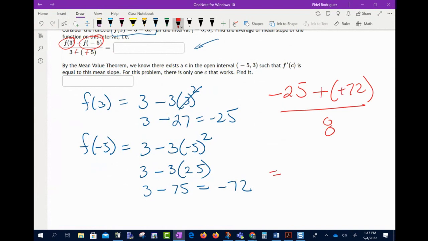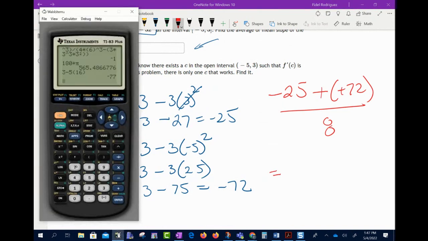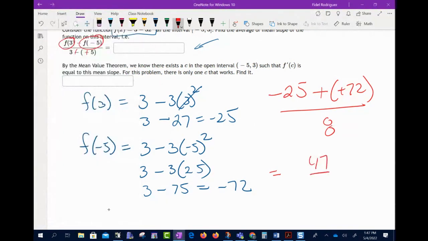This becomes positive. What's 72 minus 25? 47. So I'm coming up with 47 over 8. That's what I'm going to set equal to here, because that's the answer I came up with.